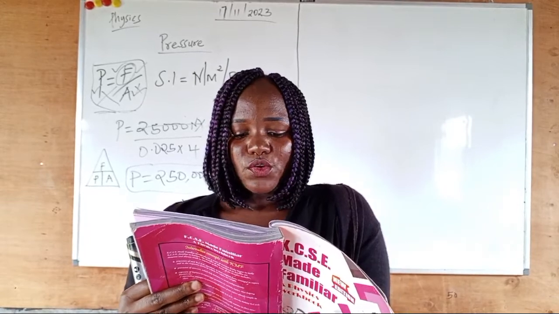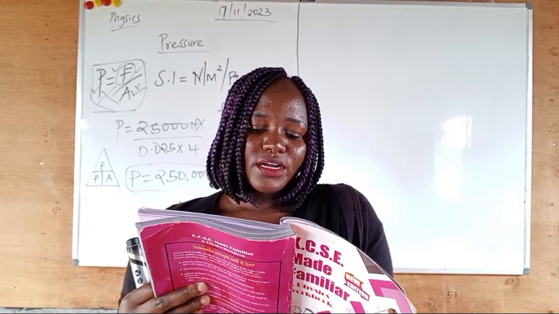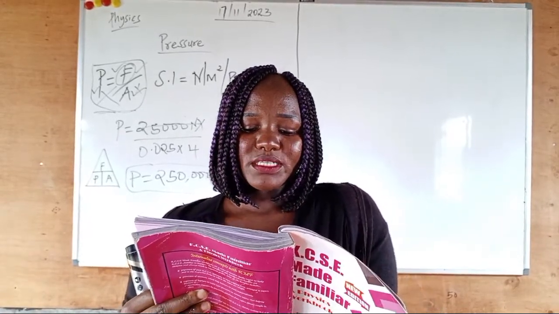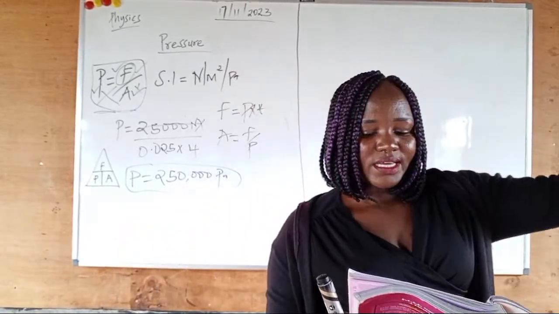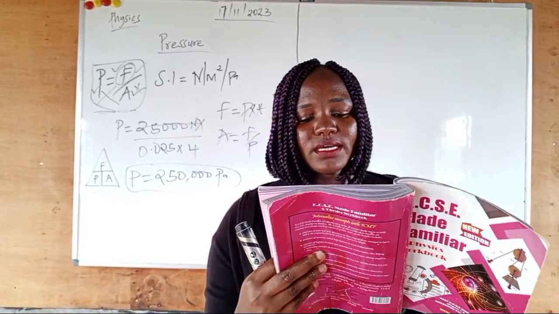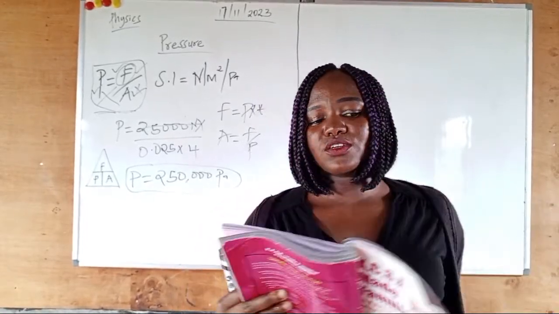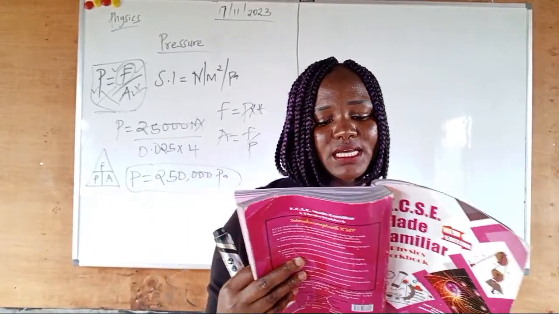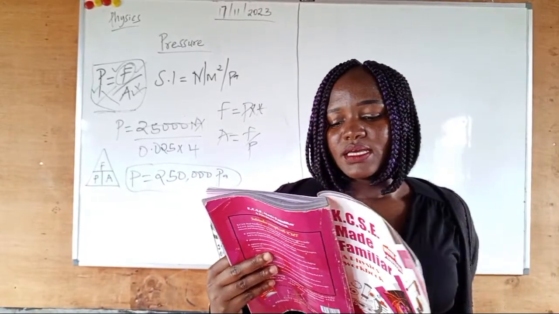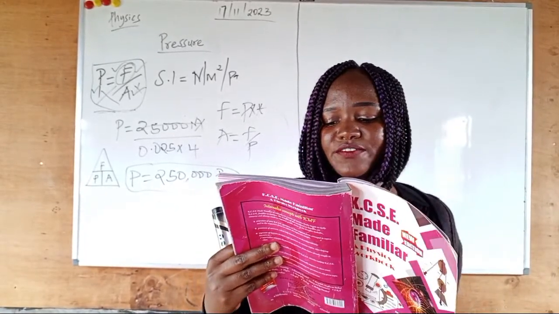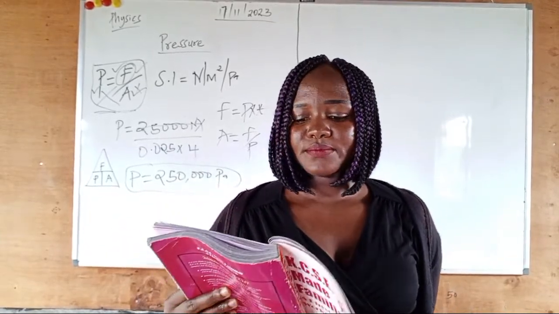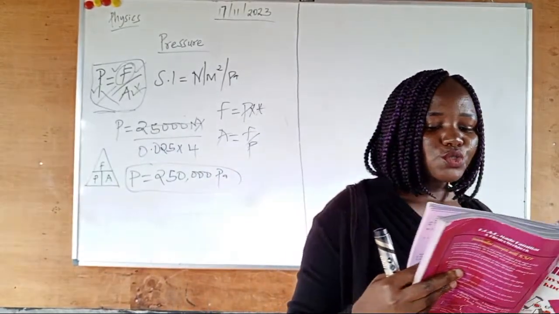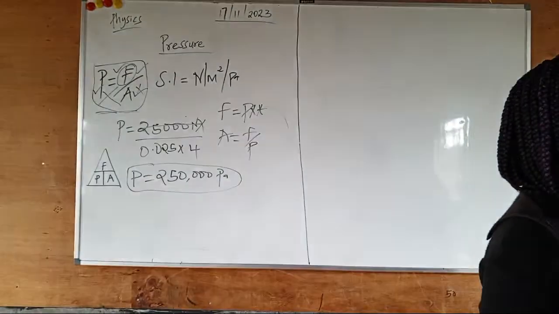Take density of water to be 1,000 kilograms per meter cubed, and acceleration due to gravity is 10 meters per second squared.